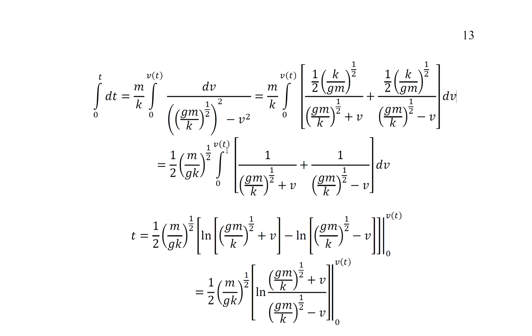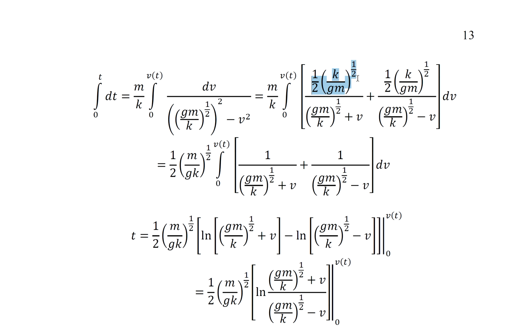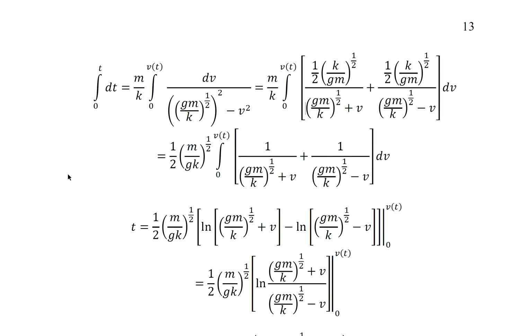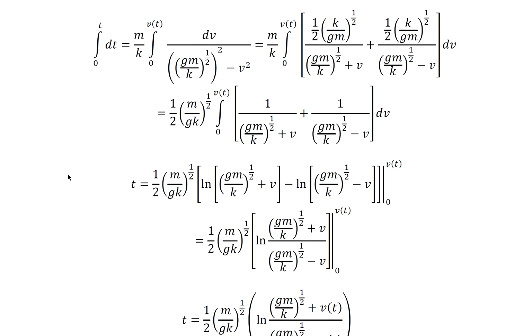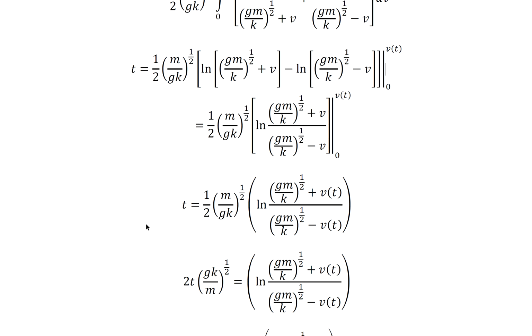And now, once again, we have two integrals. I just factored out the numerator. And then I took the integral, and I get this. And ln of a minus ln of b becomes ln of a over b. That's why I get this.